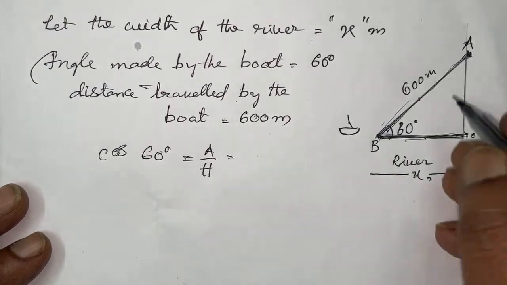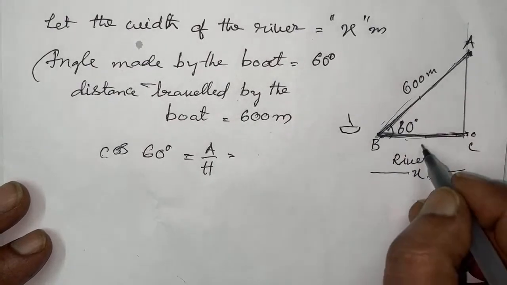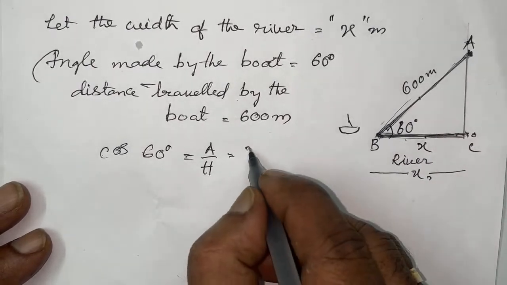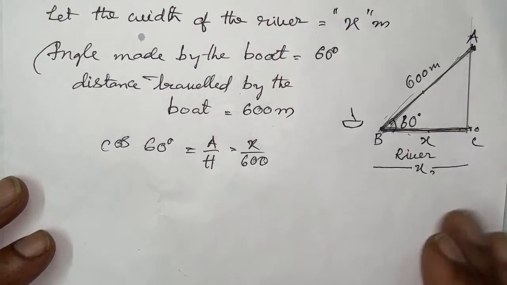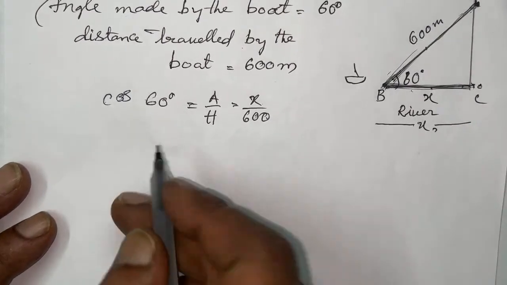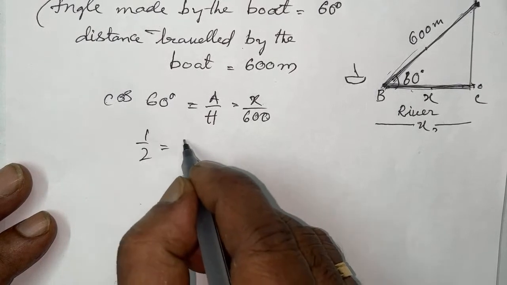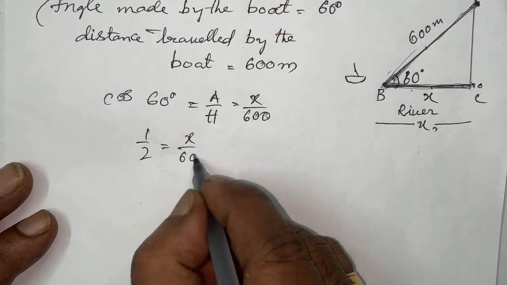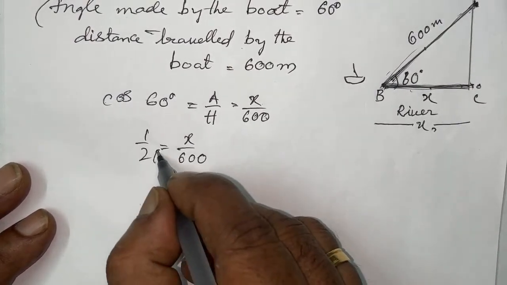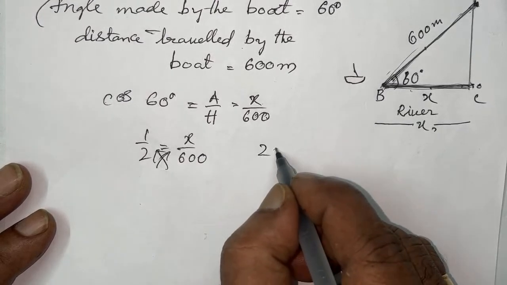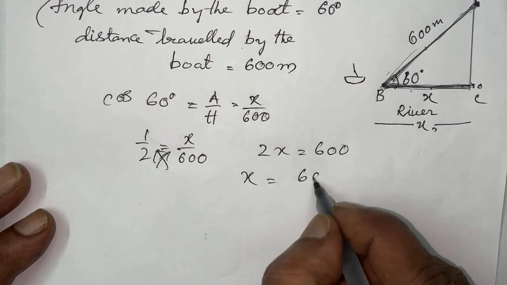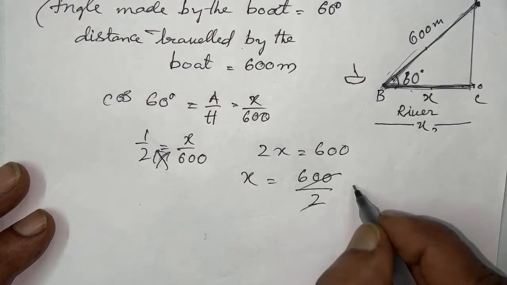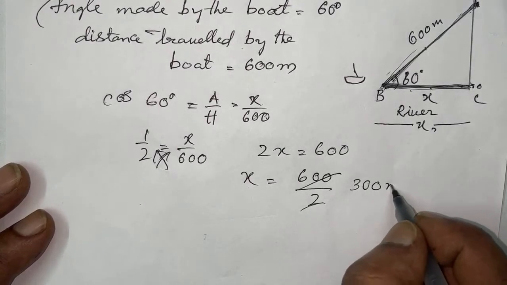Here the adjacent we don't know, that is x, and the hypotenuse, the distance, is 600 meters. And the cos 60 value is 1 by 2. So 1 by 2 is equal to x by 600. Cross multiplication: 2x is equal to 600, and x is equal to 600 by 2, and x is equal to 300 meters.